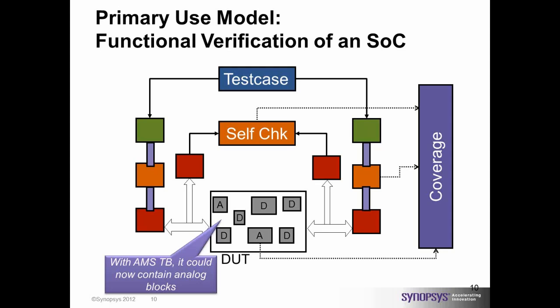These kinds of components are fairly subjective to be discussed in the scope of this presentation, but something like self-checking and coverage can be very easily developed once you have an interface, or once you have the analog component talking to your SystemVerilog components. So as you can see, this is a very typical test bench of the digital world, and the idea is to bring it to the analog world and be able to leverage what digital methodologies provide, such as constraint-random verification, functional coverage, etc., and deploy them to touch analog components as well.